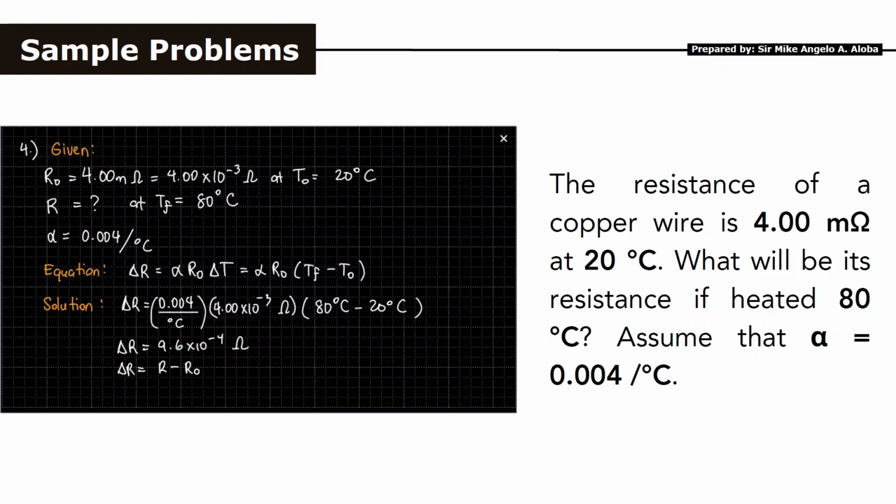But this is not the final answer yet, because what you're looking for is R, not the change in R, or the change in the resistance. You're looking for the final resistance. And remember that change in resistance is equal to resistance final minus resistance initial.